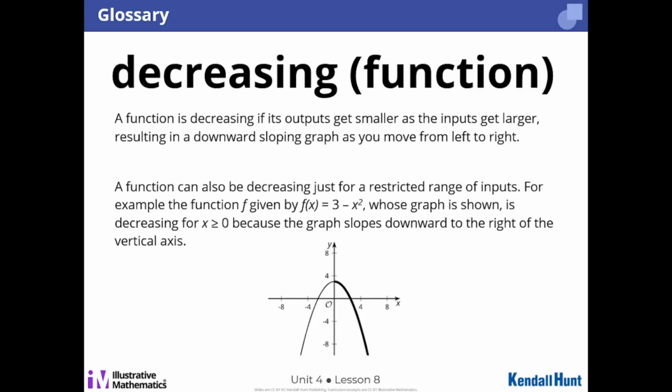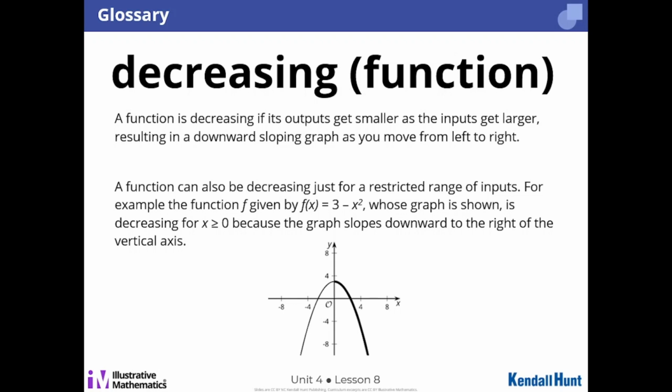Our next term is decreasing function. A function is decreasing if its outputs get smaller as the inputs get larger, resulting in a downward sloping graph as you move from left to right.